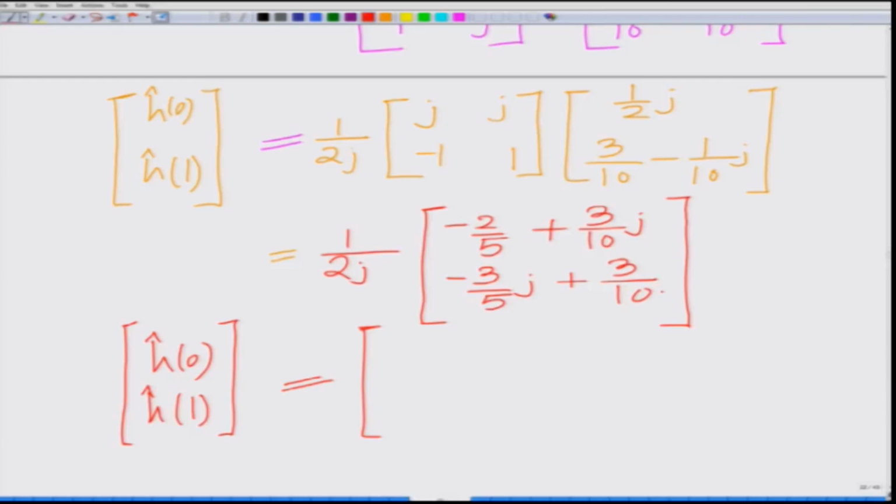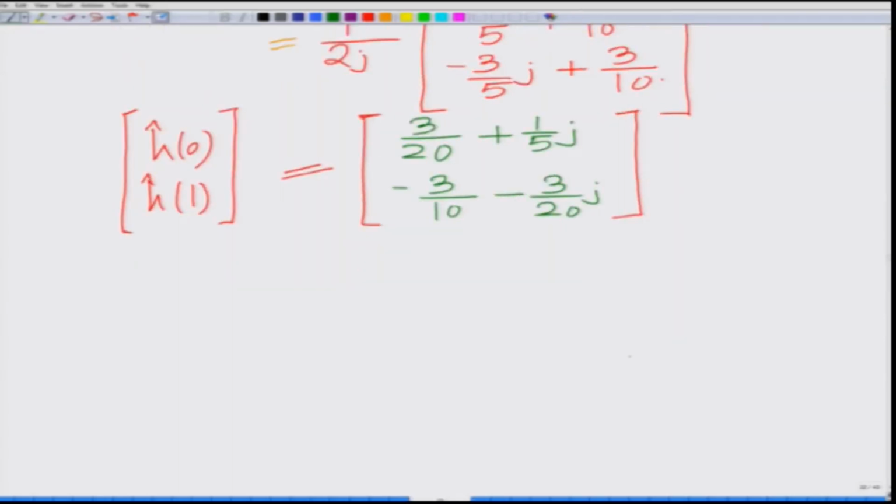Okay. And therefore, what I have over here is the estimates of the channel coefficients, or estimates of the channel taps in the time domain, which is basically 3 over 20 plus 1 over 5 j, minus 3 over 10 minus 3 over 20 j, and these are the estimates.